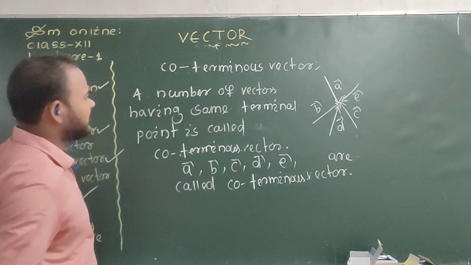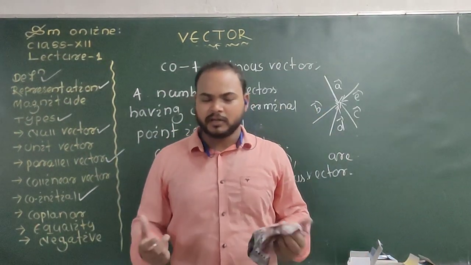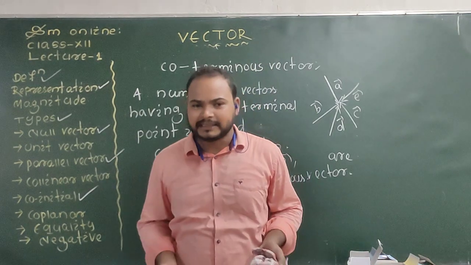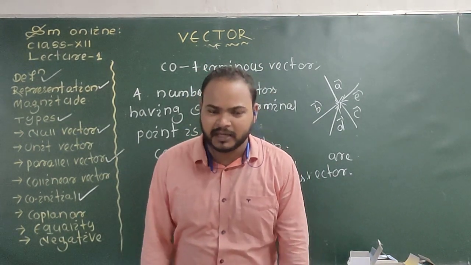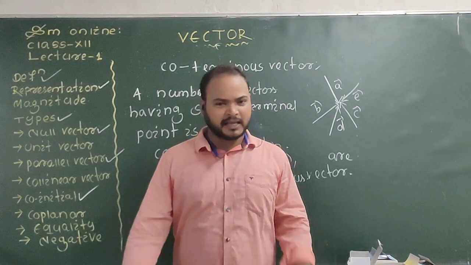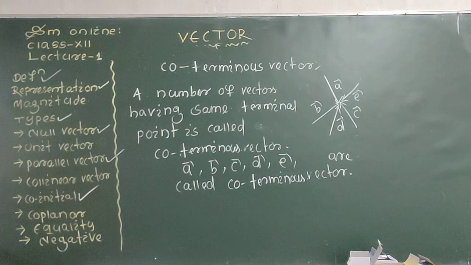This is co-initial vector and co-terminus vector. Co-initial vector means a number of vectors having the same initial point, and co-terminus vector means a number of vectors having the same terminal point. Now let us come to the point coplanar of vector.